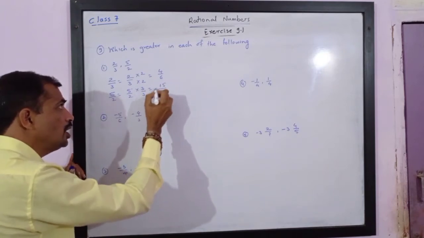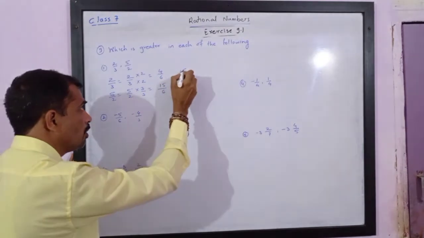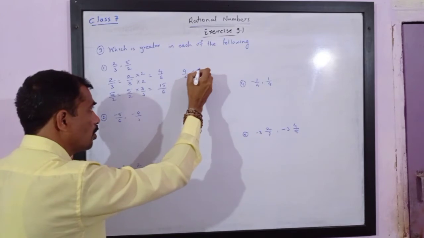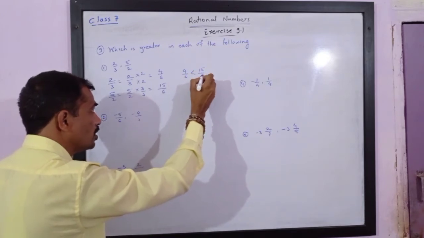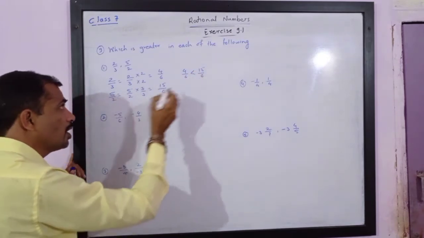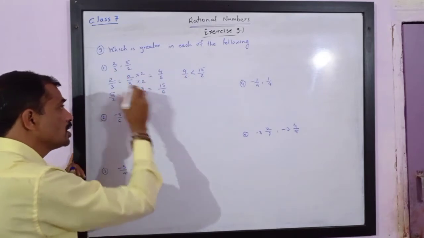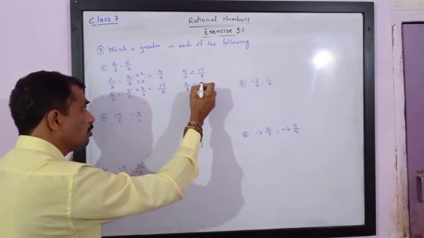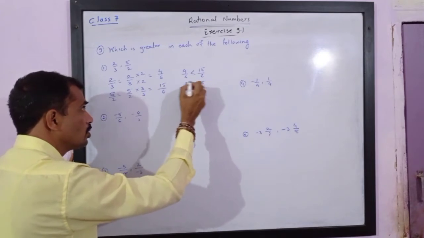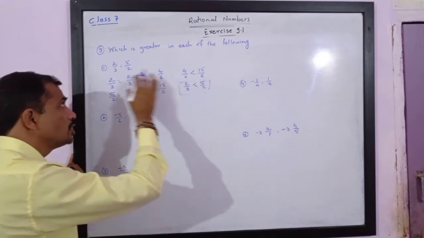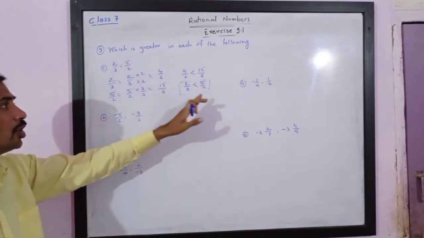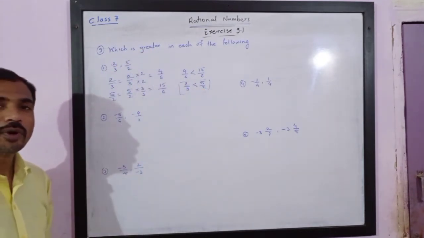Please note, 15 upon 6 is greater than 4 upon 6, or you can say 4 upon 6 is smaller than 15 upon 6, but 15 upon 6 is equal to 5 upon 2 and 4 upon 6 is equal to 2 upon 3. So 2 upon 3 is smaller than 5 upon 2. So we can compare these two fractions, 2 upon 3 and 5 upon 2. In this, 5 upon 2 is greater than 2 upon 3.